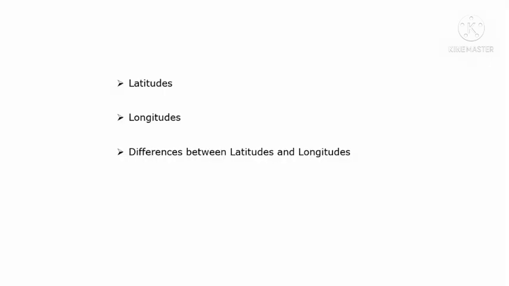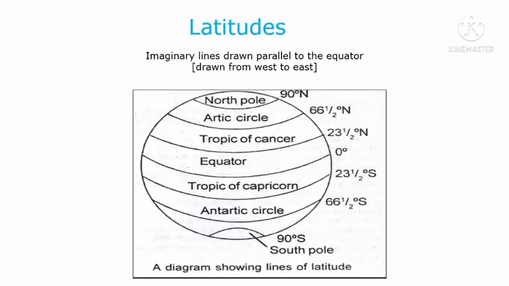In continuation to the last topic, equator, today in this slide we are going to discuss latitude, longitude and differences between latitude and longitudes. First, latitudes. It is termed as imaginary lines drawn parallel to the equator, which is from west to east.